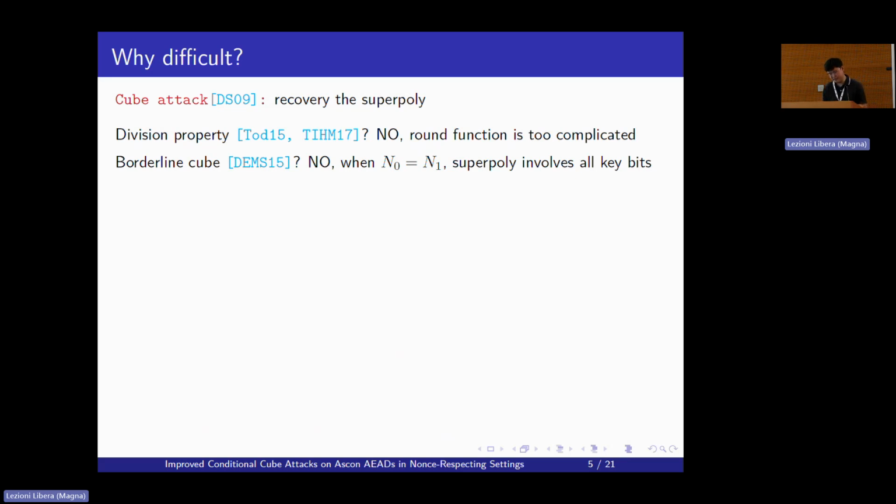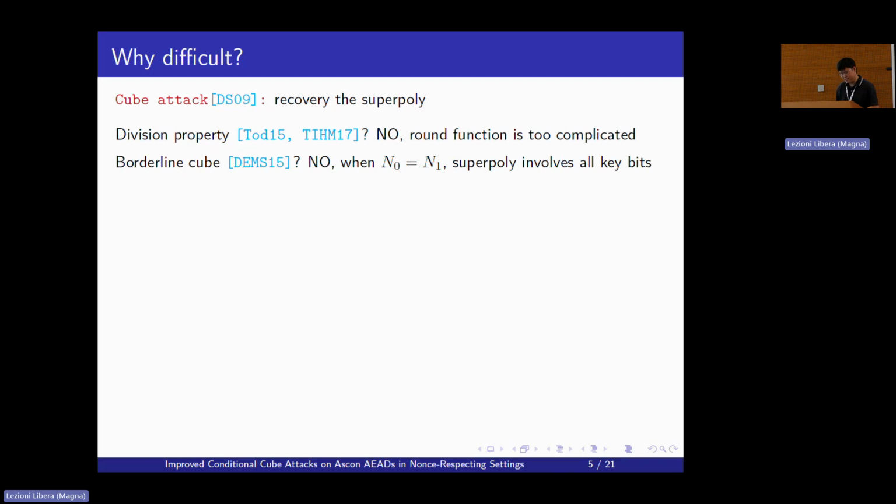The first method is the division property. We need to find all the division trials to recover the exact superpoly. However, because ASCON's round function is very complicated, it's impossible to exhaust all the trials. So this method cannot be applied here.